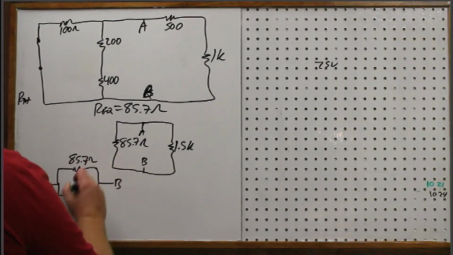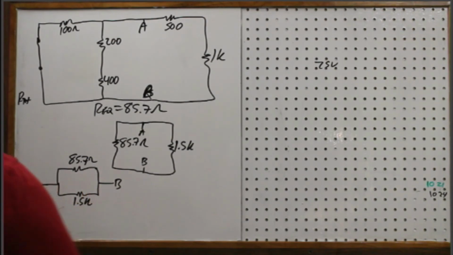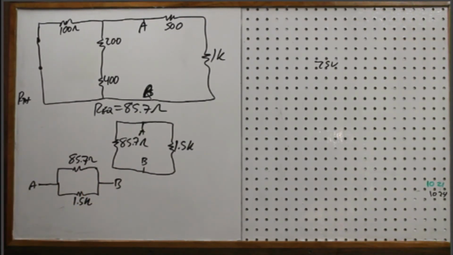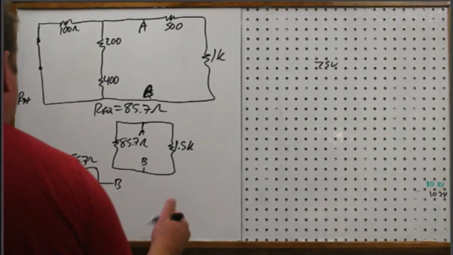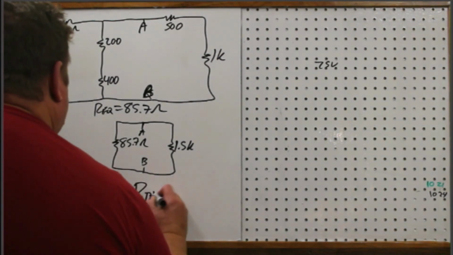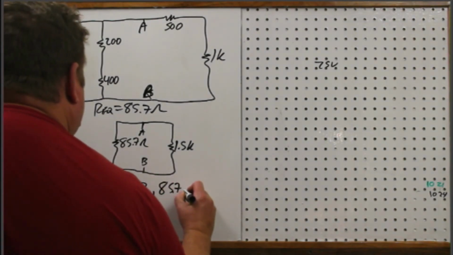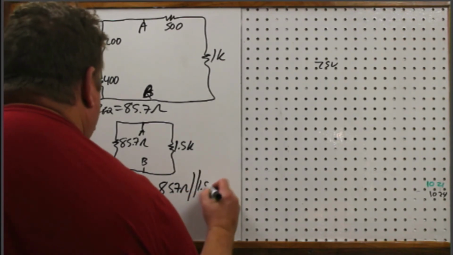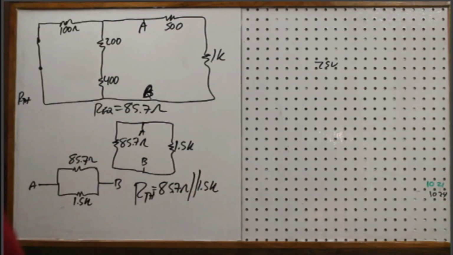85.7 ohms and 1.5 kiloohms. Remember, if you have branches in parallel, you can rearrange them typically however you want in terms of doing your calculations. Okay, so to find the RTH here, I'm taking 85.7 in parallel with 1.5K. 1 divided by 85.7 plus 1 divided by 1.5k.